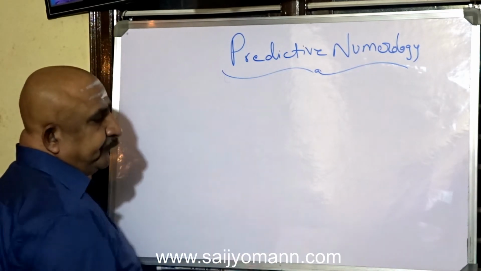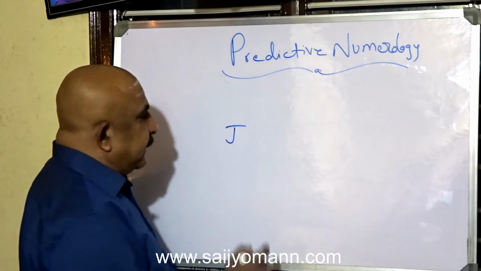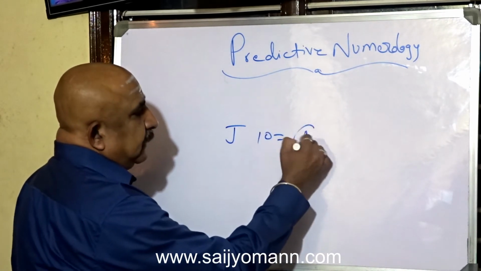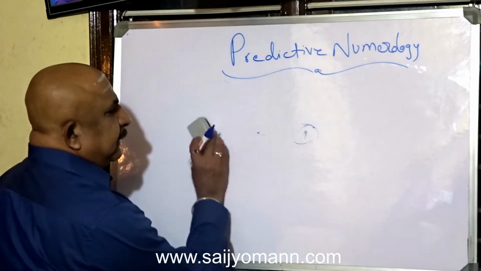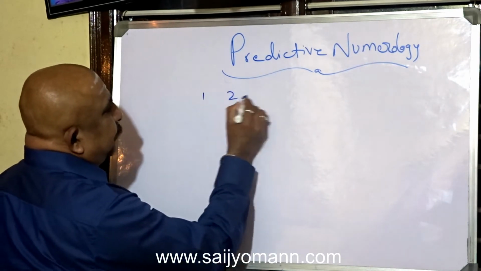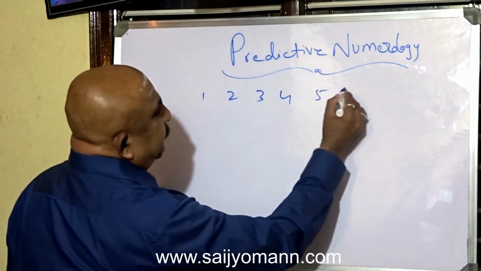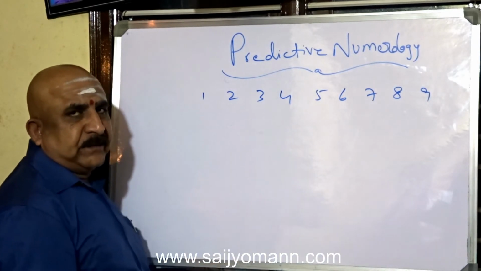For example, if you take J, I is 9, J is 10, that equals 1. So likewise, you can have a table for that. Very simple table: 1, 2, 3, 4, 5, 6, 7, 8, 9. These are the 9 numbers.